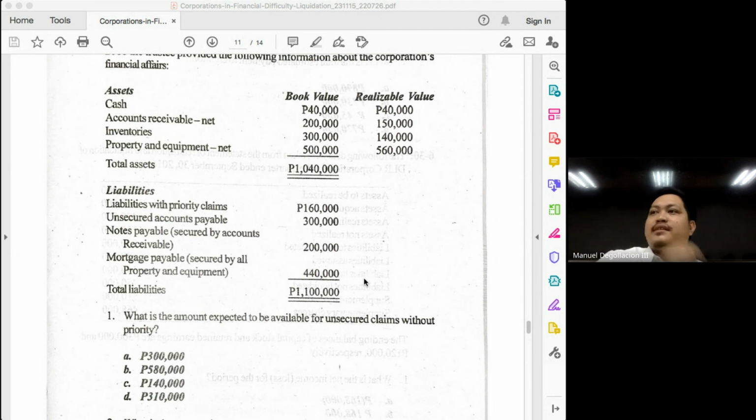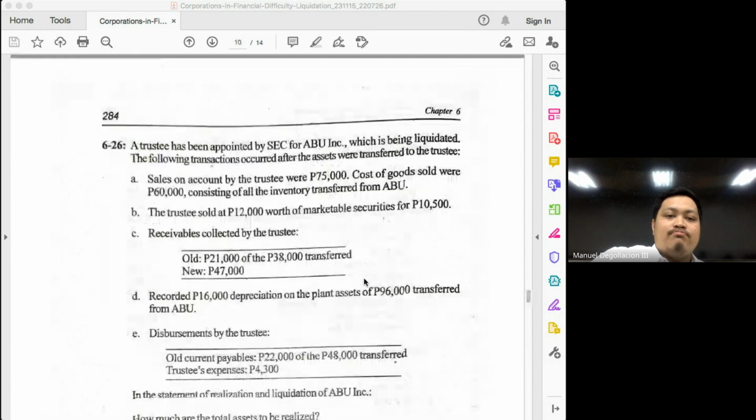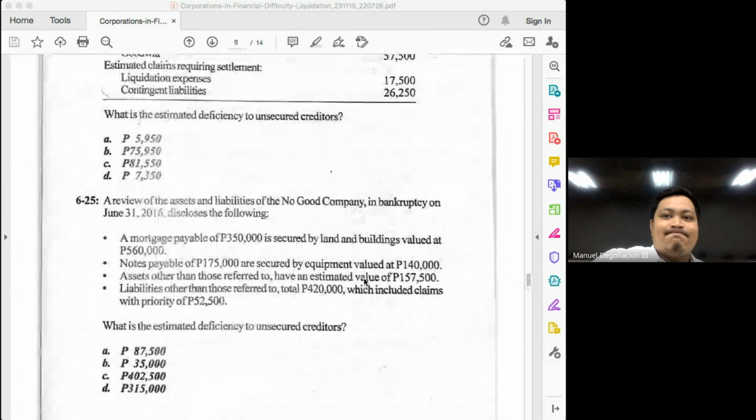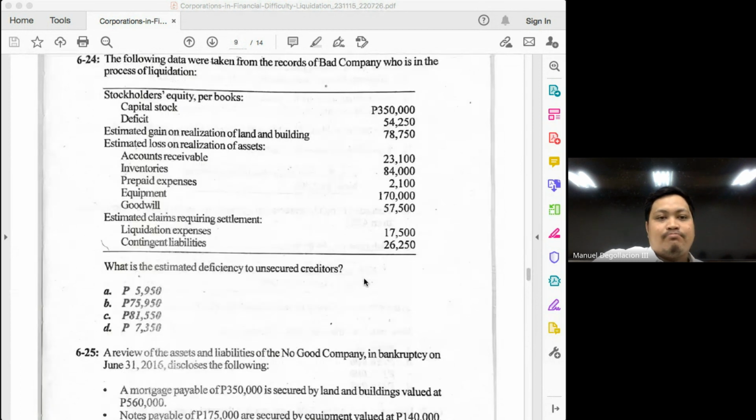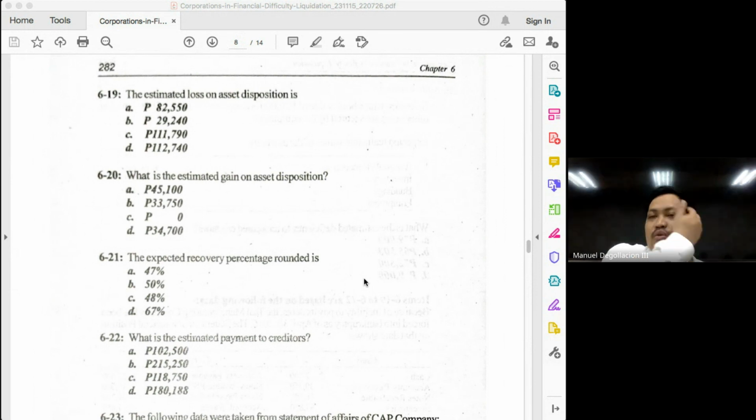So the remaining assets would be 890. Now I bring your attention to problem 6-22, class. But you get the point, class. If you're asked how much is the total payments to creditors, it is simply the total realizable value of all your assets, because that's the source of our payments.